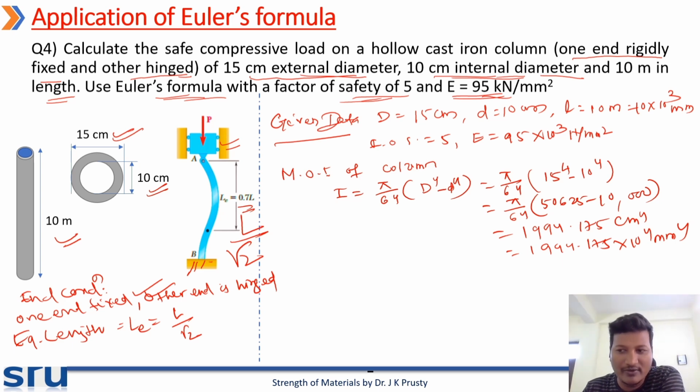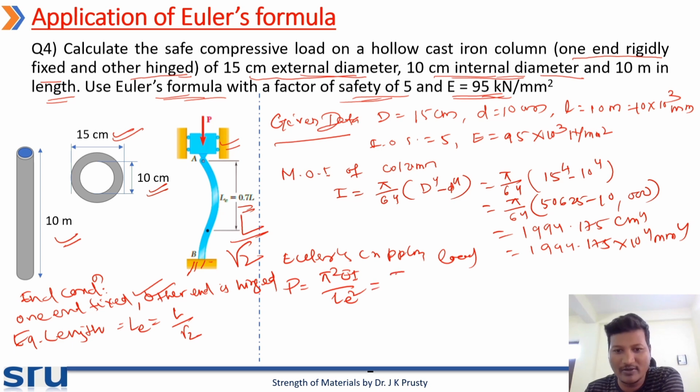Now if we use Euler's crippling load, P is equal to, you know the formula, pi square EI by L_e square.